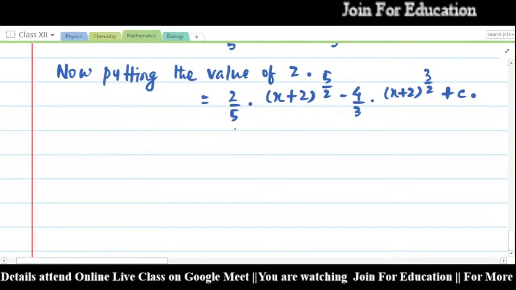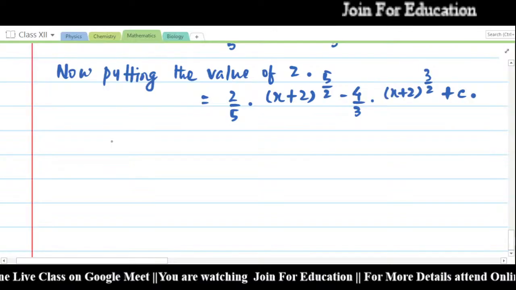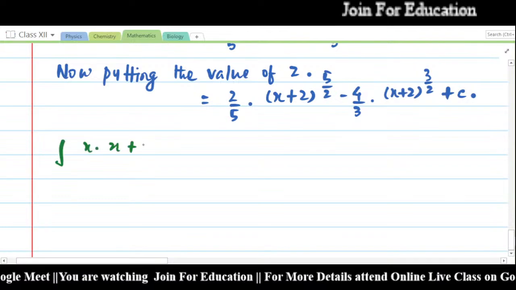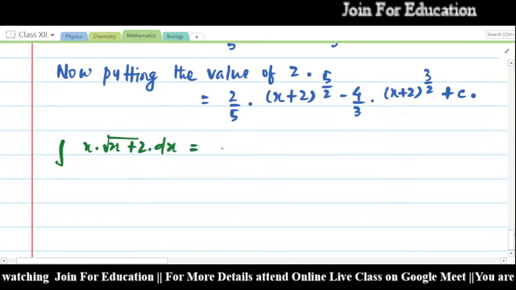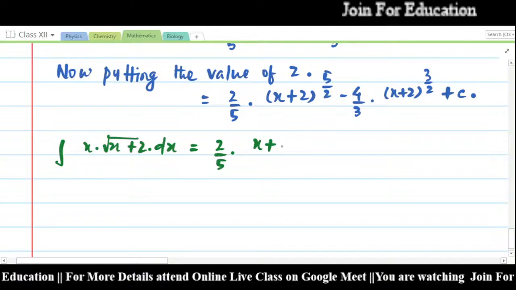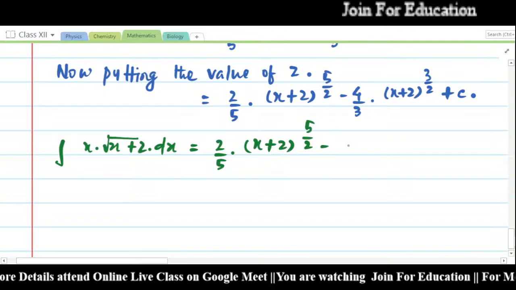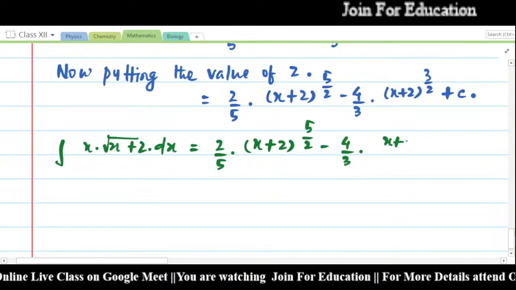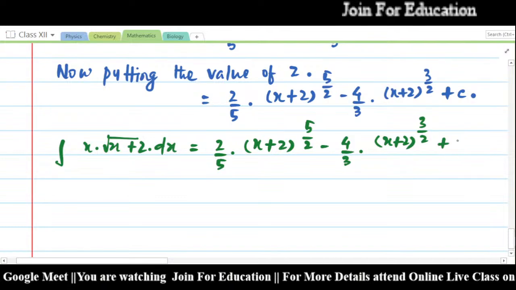integration of x into root x minus 2 over root into dx equals 2 by 5 into x minus 2 to the power 5 by 2 minus 4 by 3 into x minus 2 to the power 3 by 2 plus c.